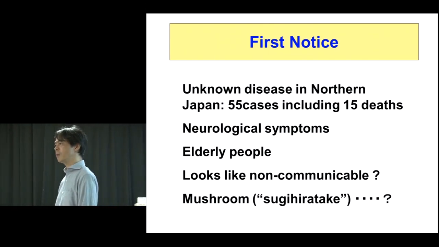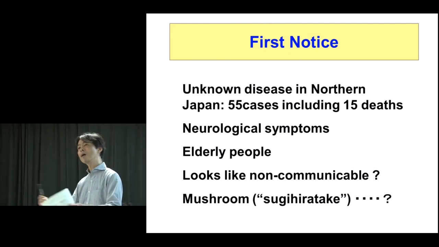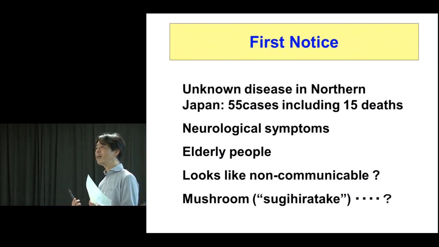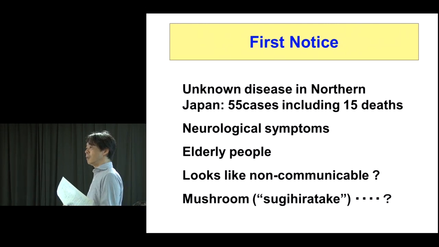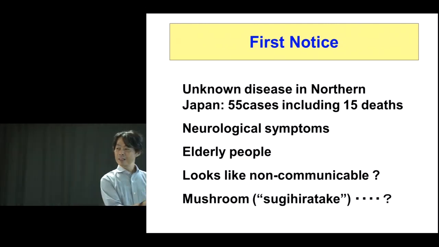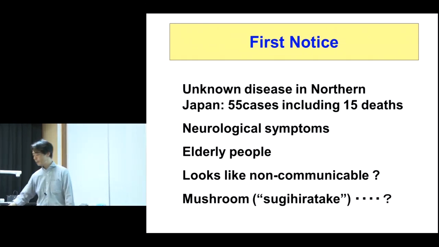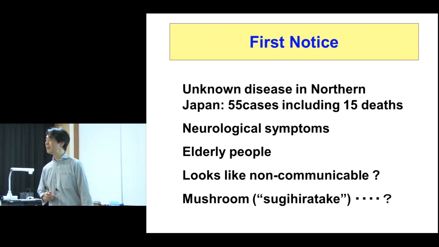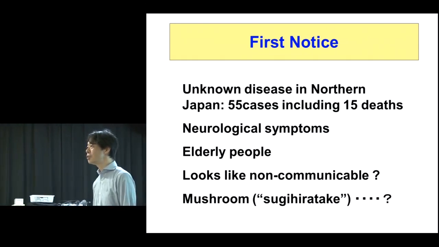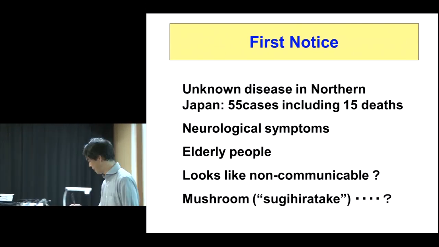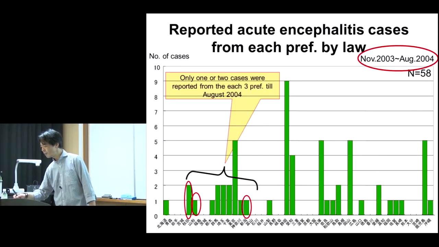It's found in many parts, almost all parts of the main island in Japan. Maybe from the photo I will show you later you will have some idea. Have you heard of Sujihiratake? No, okay. Maybe I have.